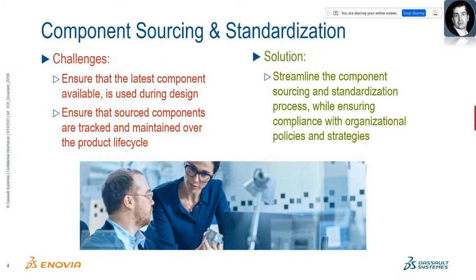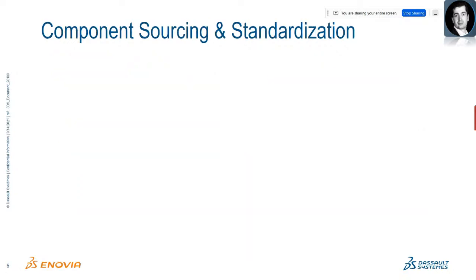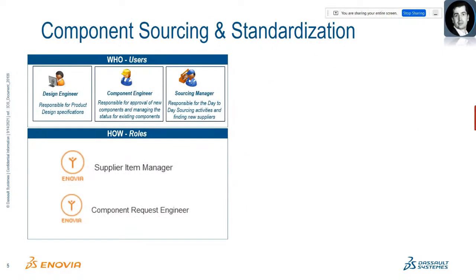Now, on these two roles, who do we serve? We serve three personas here, three types of users. The design engineer, either electronic, mechanical, or other, for example, probably in life science, we can have design engineers that have to source external components to be able to do their work.